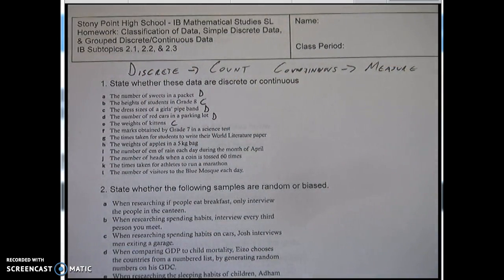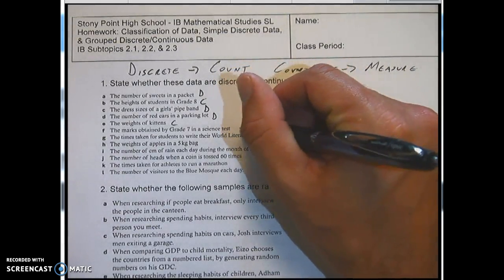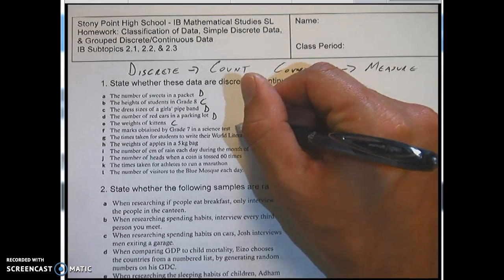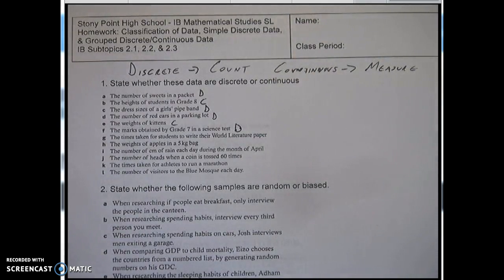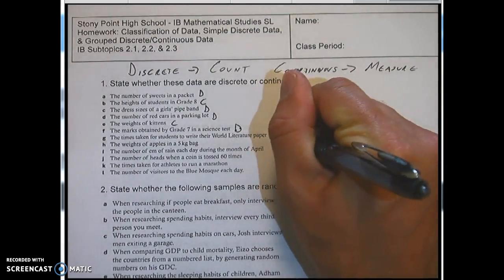The marks obtained by a grade 7 in a science test, that should theoretically be discrete or continuous, but we're going to say it's discrete because I'm going to assume that the teacher doesn't assign a 70.32476. The times taken for students to write their world literature paper, time is continuous.